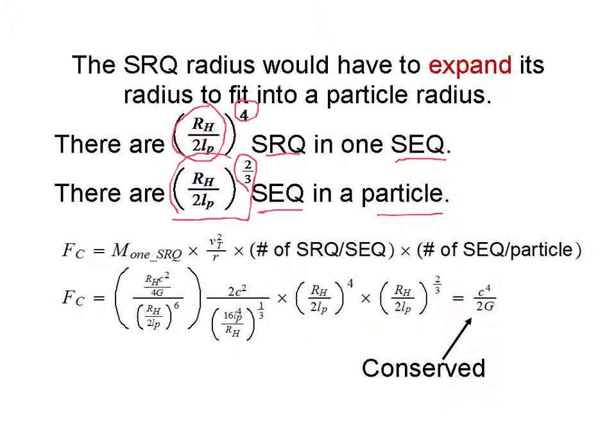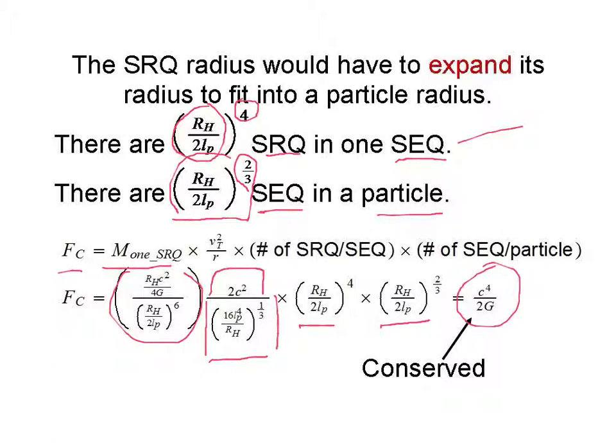So we find that the centripetal force is equal to the mass of one SRQ times the angular acceleration, that's the tangential velocity squared divided by the radius of a particle, times the number of SRQ in one SEQ, times the number of SEQ in a particle, and we get the conserved initial value.